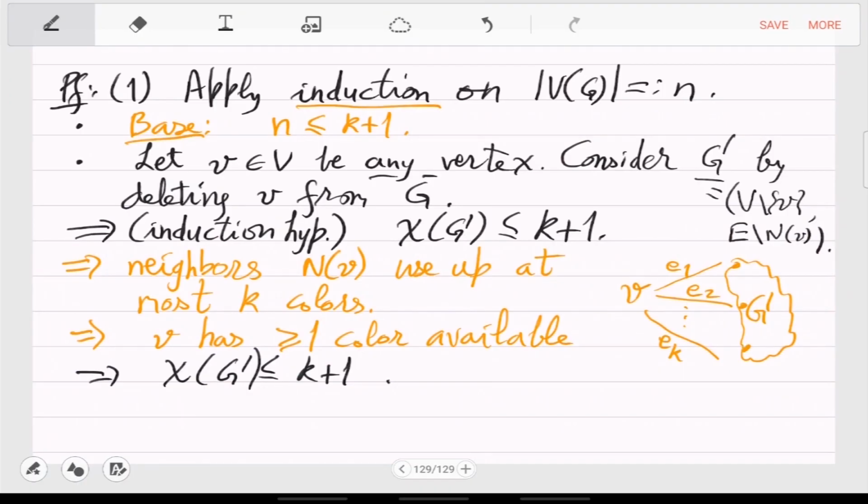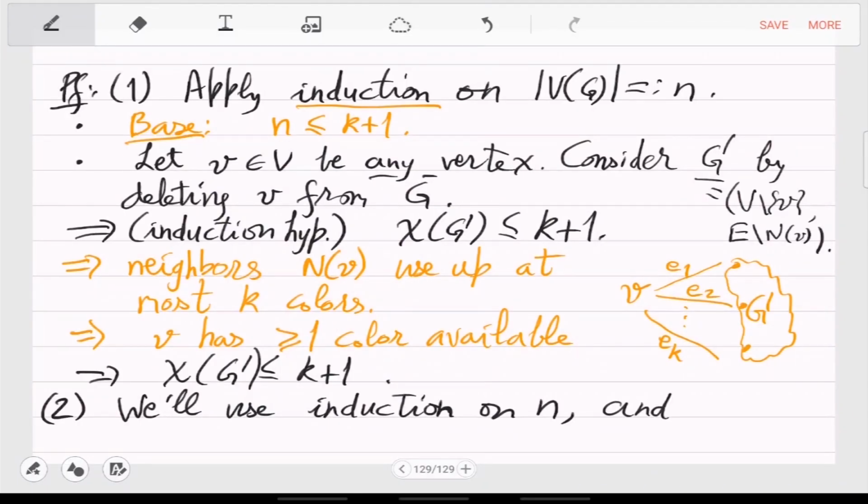So for part 2, we'll use induction on n and improve, using this degree of v to be less than k.